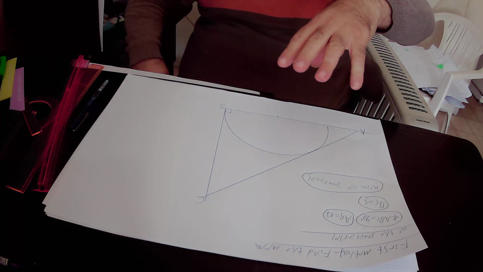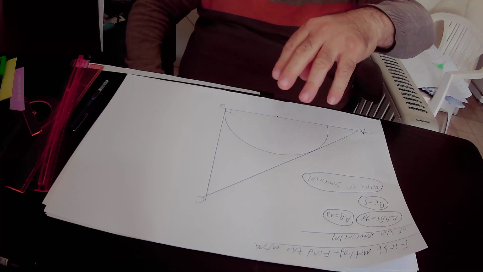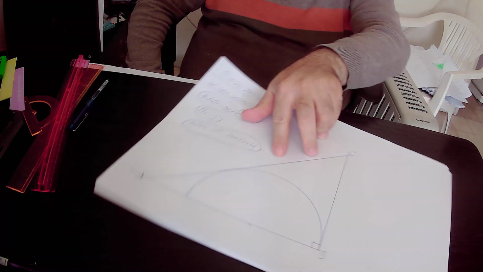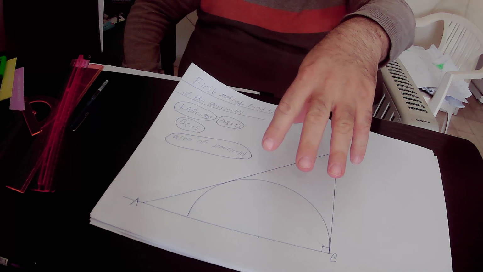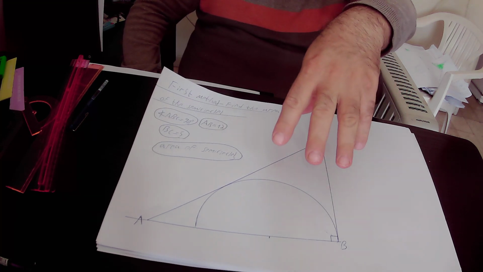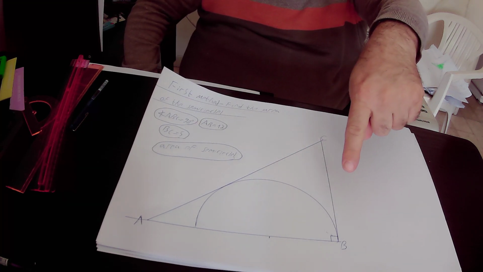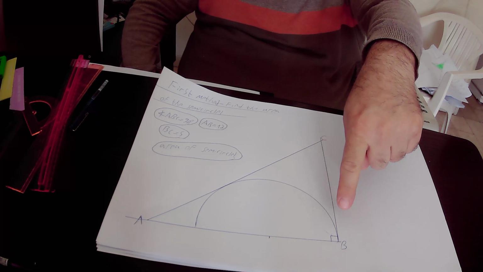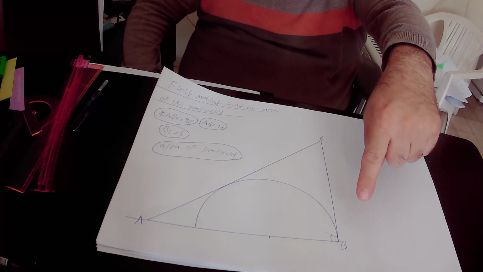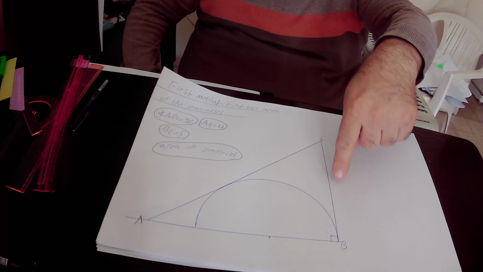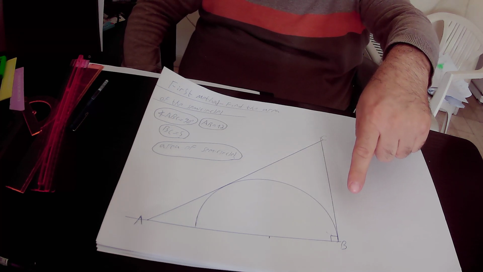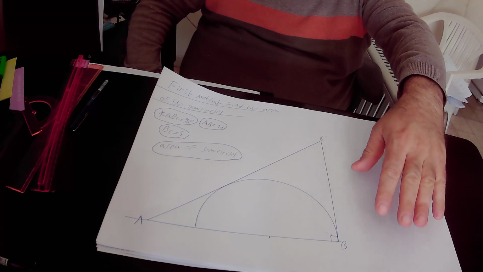In the drawing, we have a semicircle that is inscribed by triangle ABC. Triangle ABC is a right triangle. Angle ABC equals 90 degrees. Side BC is equal to 5 units in length.